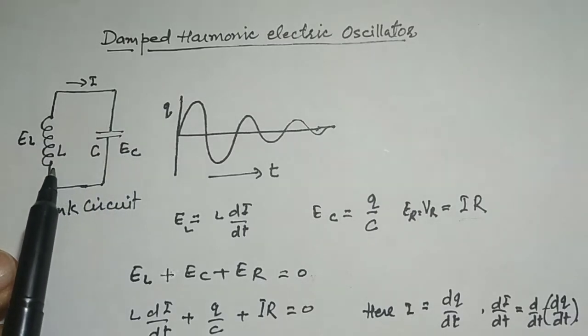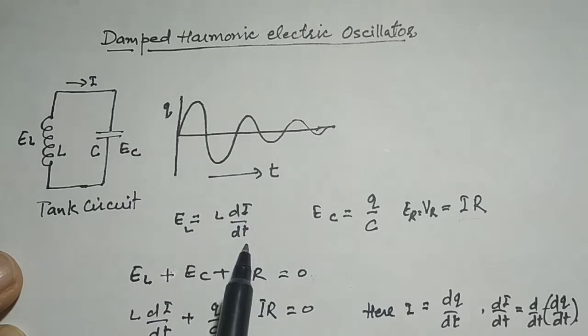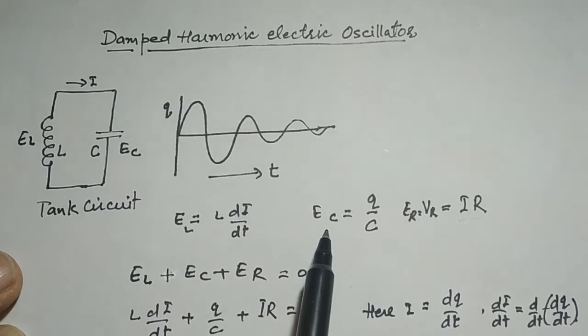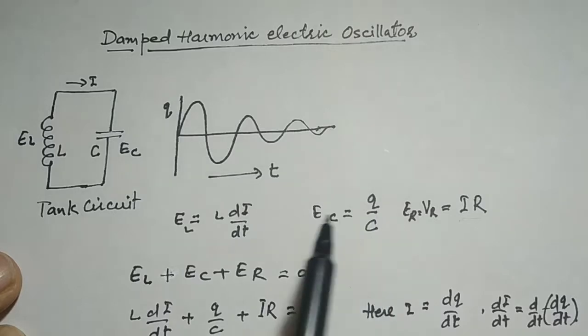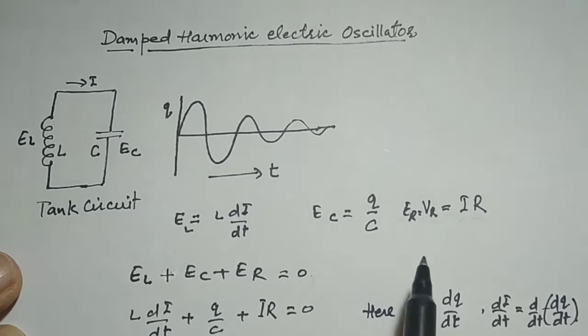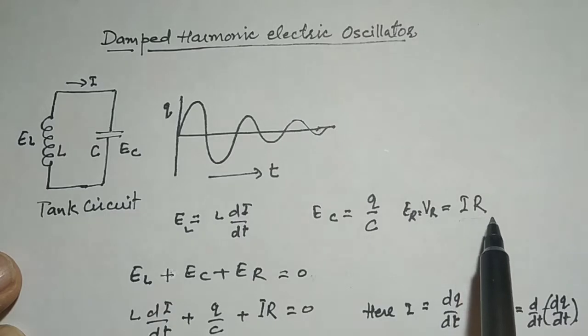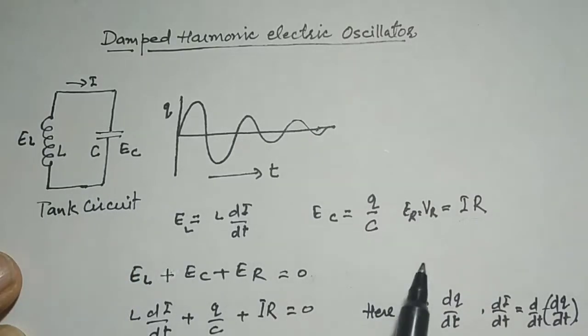The induced EMF on the inductance is given by EL, that is L di by dt, where I is the current induced through the external circuit. EC is the EMF across the capacitance, where Q is the charge stored on the plates of the capacitor through this current. And VR, the EMF on the resistance, is given by I into R, where I is the current and R is the total resultant resistance of the circuit.